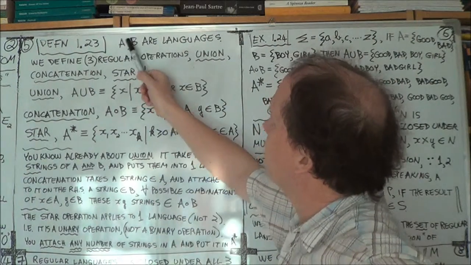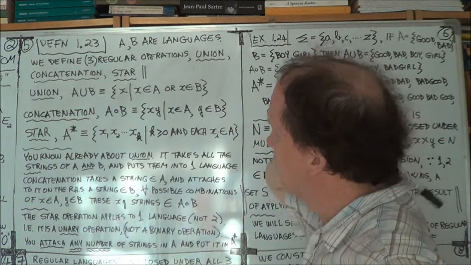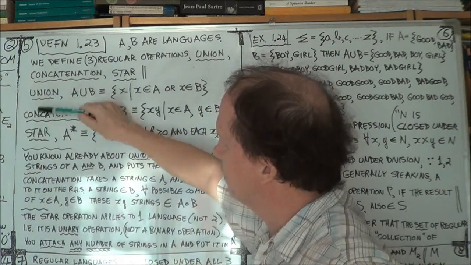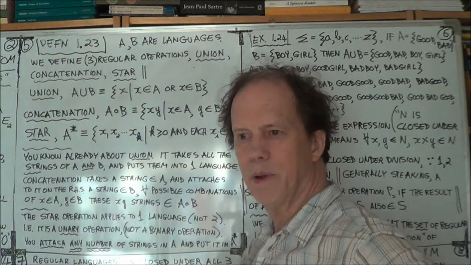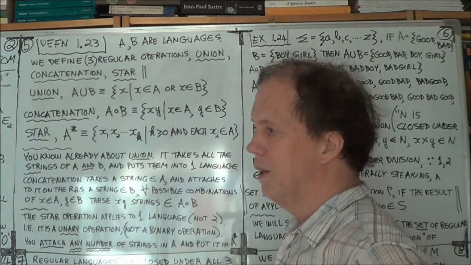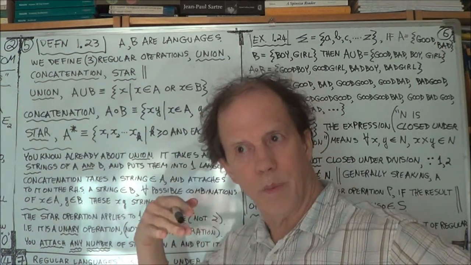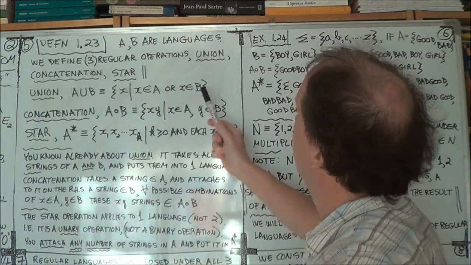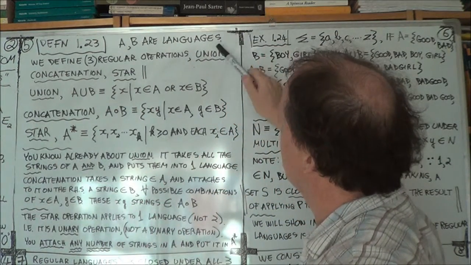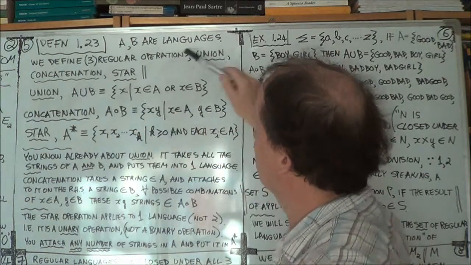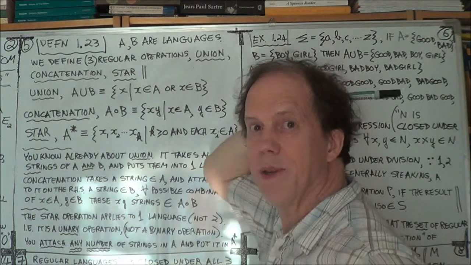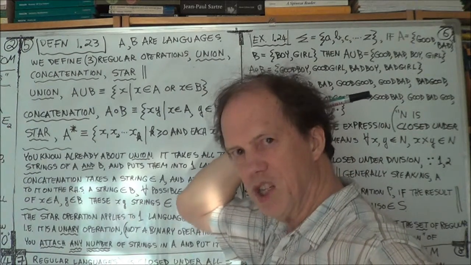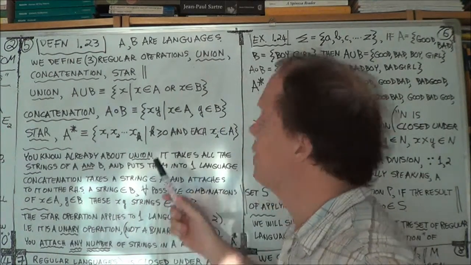So you have A and B, just 2 languages, and now we're going to give you a definition of 3 kinds of operators, regular operators. In other words, operators on regular languages. So I'm giving you the names now of 3 kinds of operations, regular operations.